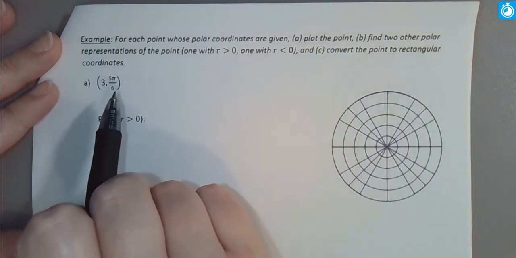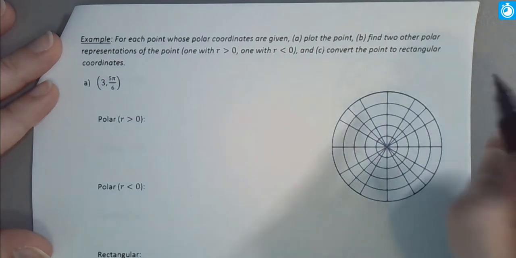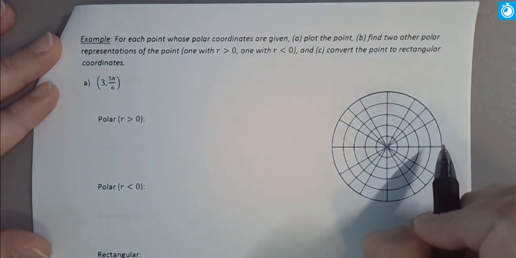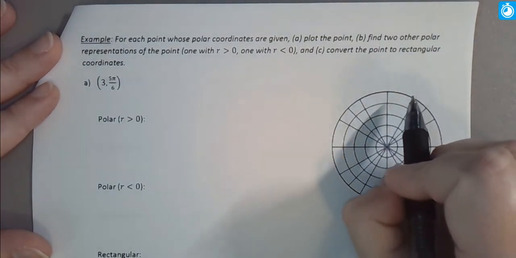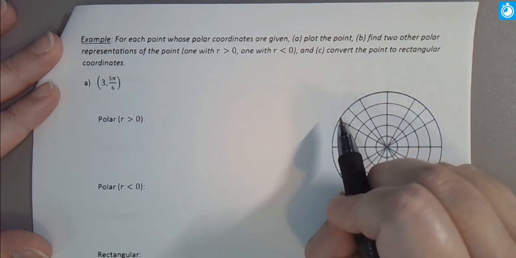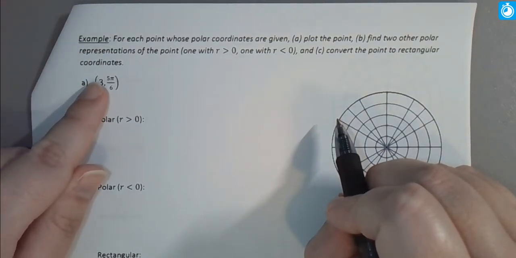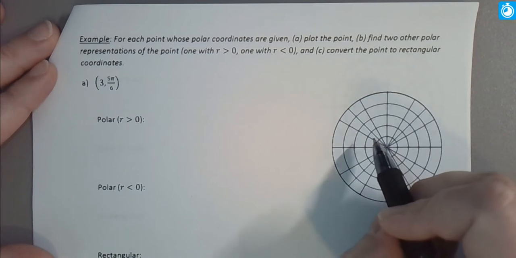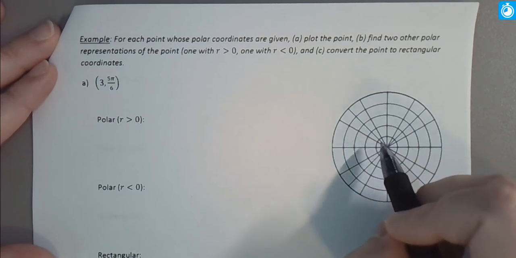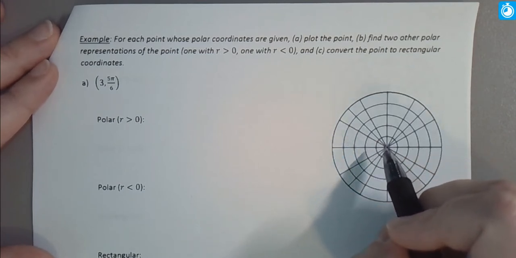So we want to rotate to the angle 5 pi over 6. So from the polar axis, we rotate around, and 5 pi over 6 is going to take us over here into the second quadrant. Now we know the value for r is going to be 3, which means along that particular line, we want to go out to the third ring from the pole, from the center.